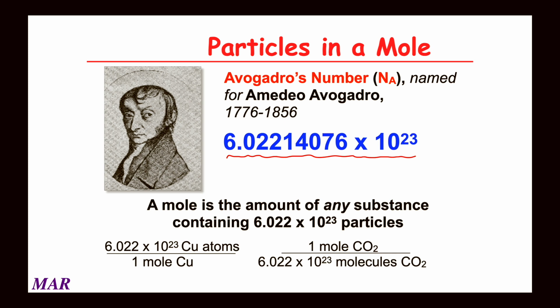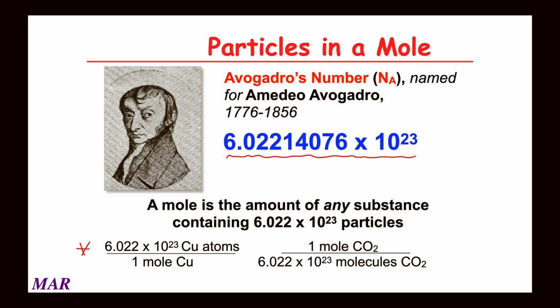So, for example, if we're going to talk about copper atoms, and you had a mole of copper atoms, you would have 6.022 times 10 to the 23rd copper atoms in a mole of copper. So if I handed you a mole of copper, you'd know that was 6.022 times 10 to the 23rd.